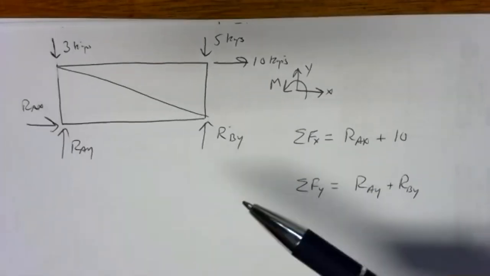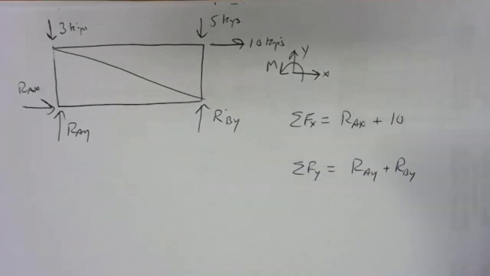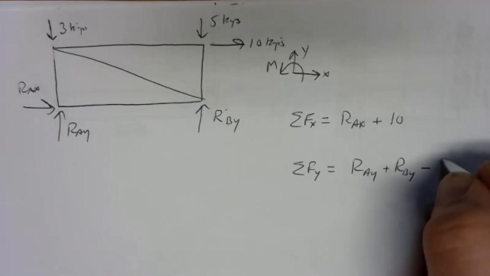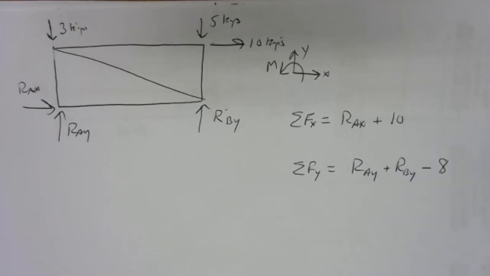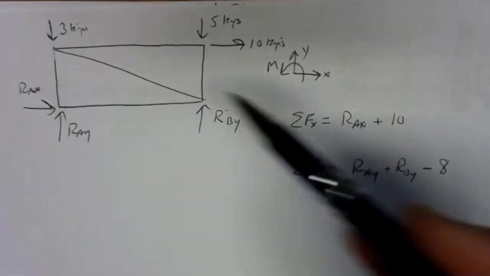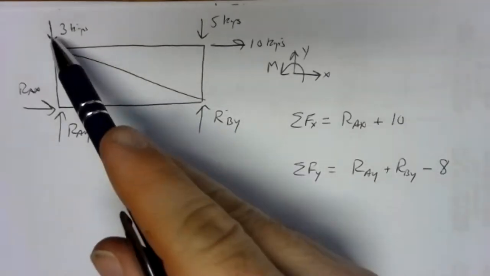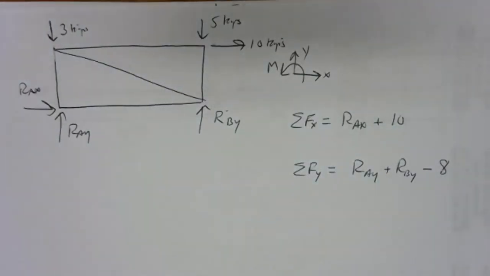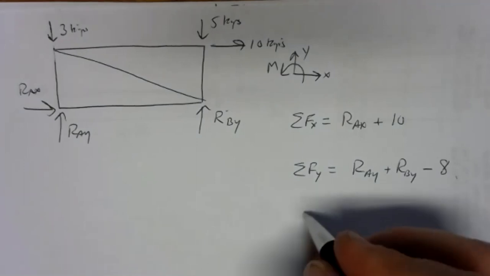We've got 3 kips down, and we've got 5 kips down. So we've got a total there of minus 8 kips down. So just to jump ahead a little bit in the math, 3 plus 5, 8, both pushing down. So minus 8. Then we've got our moment equation.